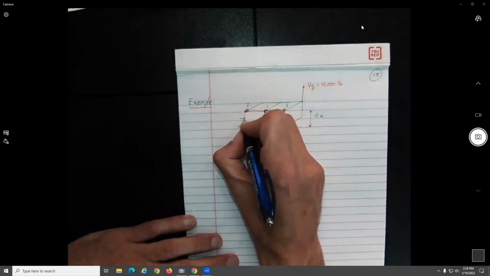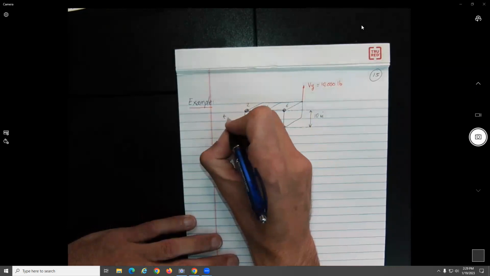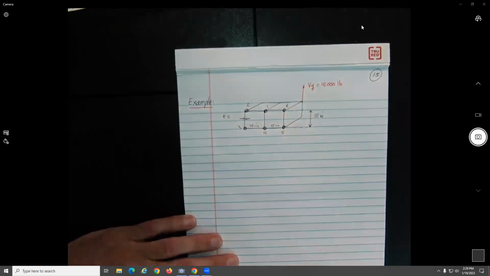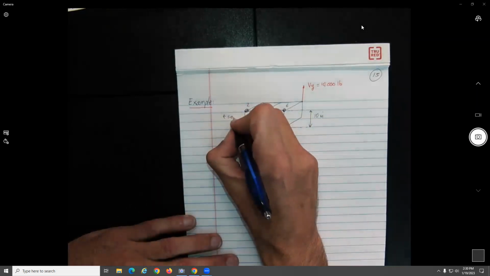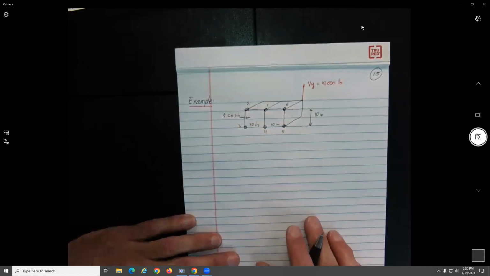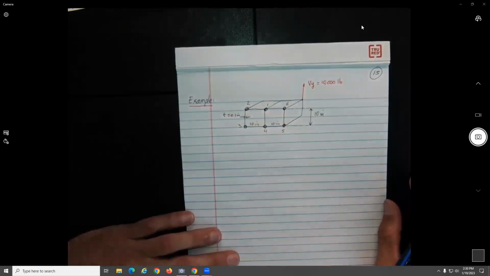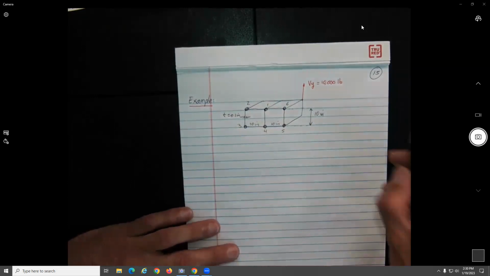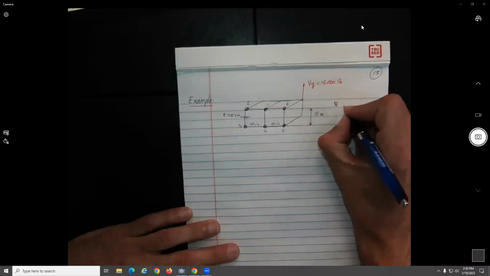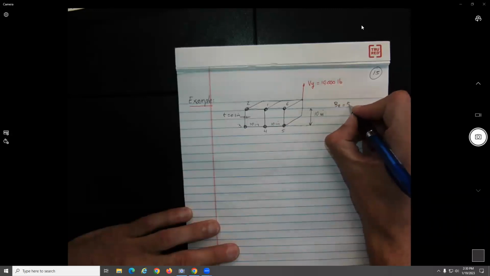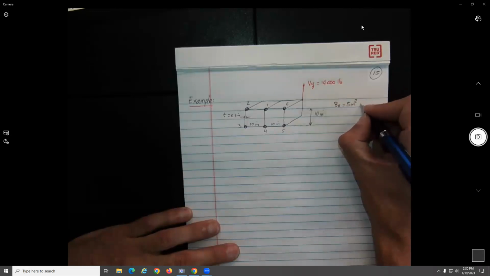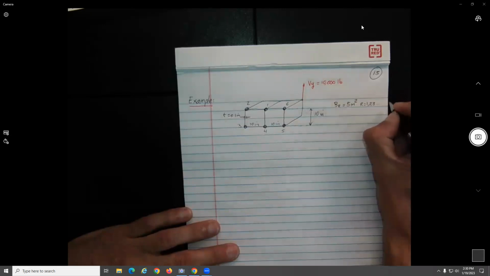The thickness of all the flanges or stiffeners is 0.1 inch. And we have here B sub r, which are all equal to 5 inches square, where r is 1, 2, 3, up to 6.